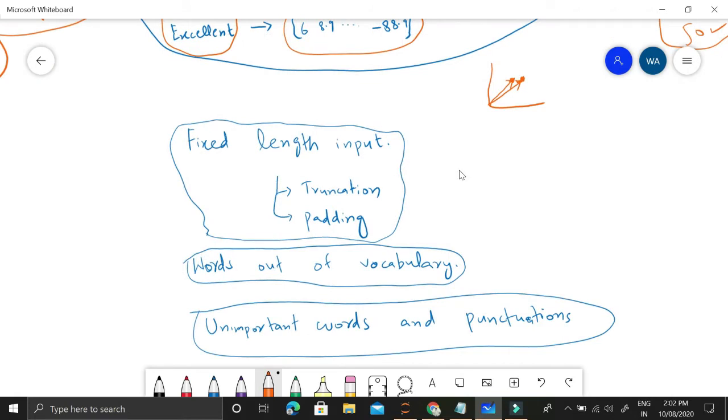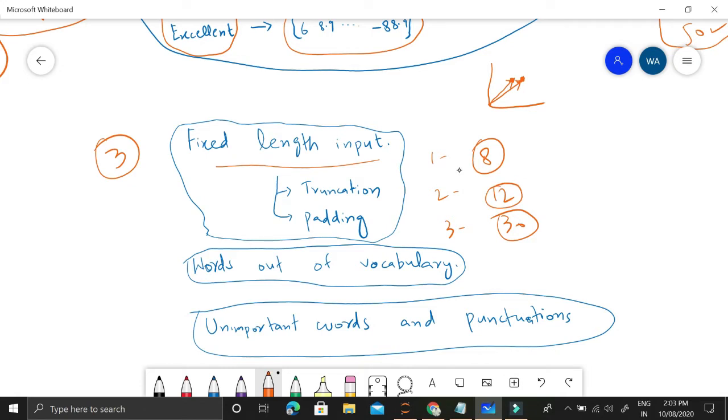The third part is that in text we have to deal with fixed-length input. Consider a sentence having a total of 8 words, another sentence having 12 words, and another having 30 words. So there are different lengths of sentences. These sentences of different lengths cannot be used directly for training, because the neural network expects the same length for an input.